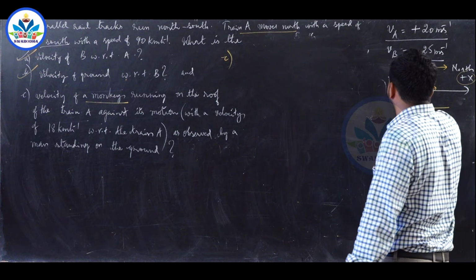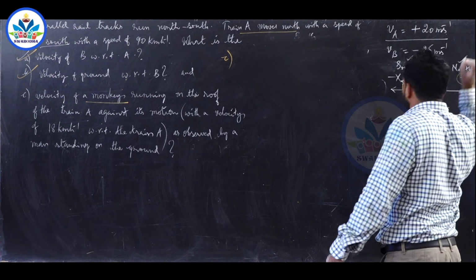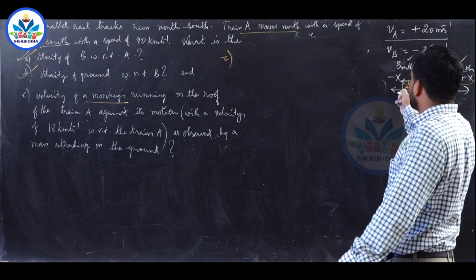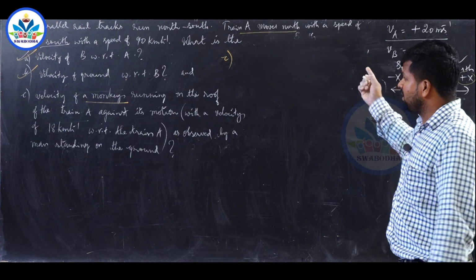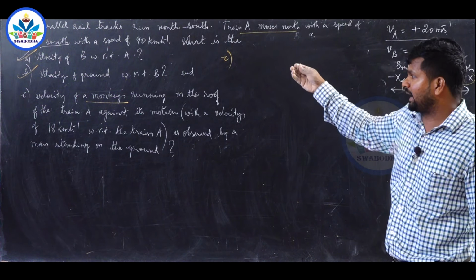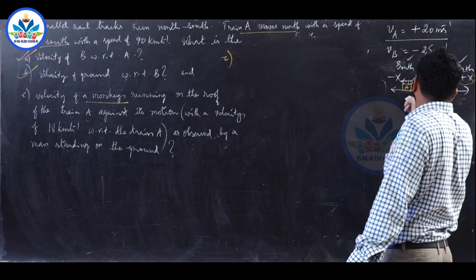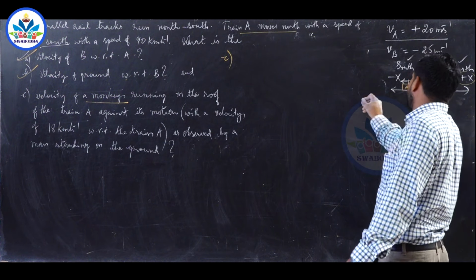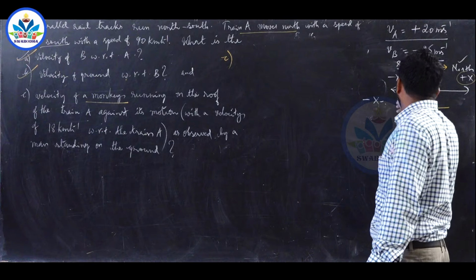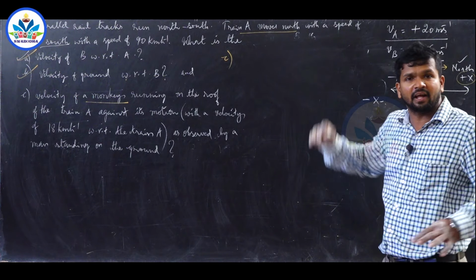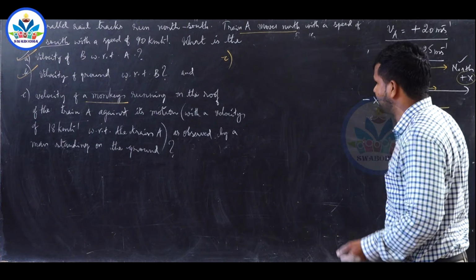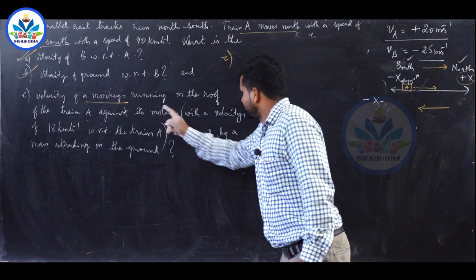The train is moving from south to north in the positive x direction. The monkey running on the roof of the train A against its motion is running from north to south, in the negative x direction. You must understand that.